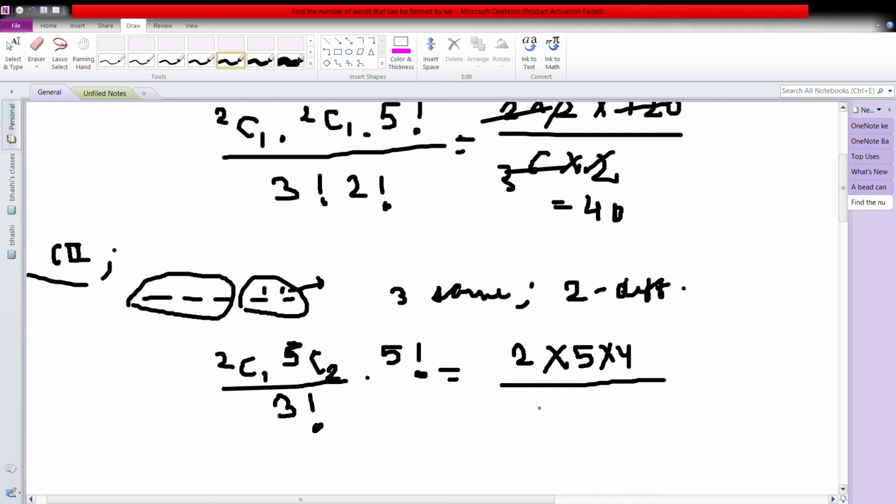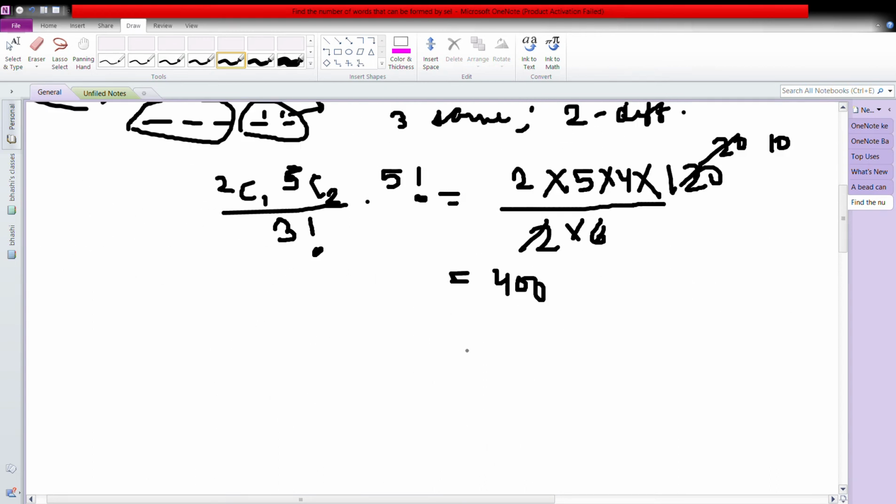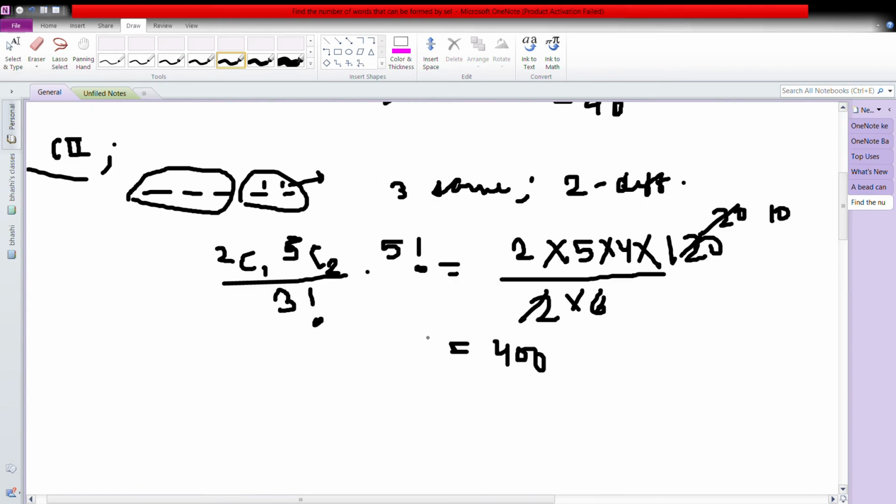We know that 5 factorial is 120. Let's solve it out. So we have got our answer as 400. Why? Because 2 into 5 is 10, 10 into 10 is 100, 100 into 4 is 400. Great. Now we have made two cases.